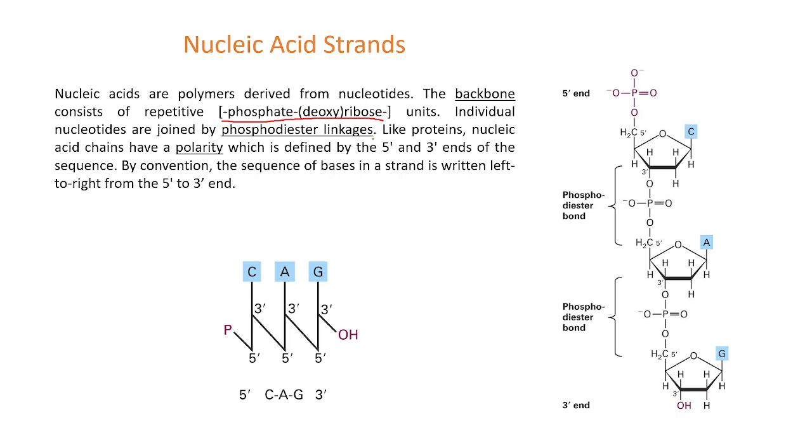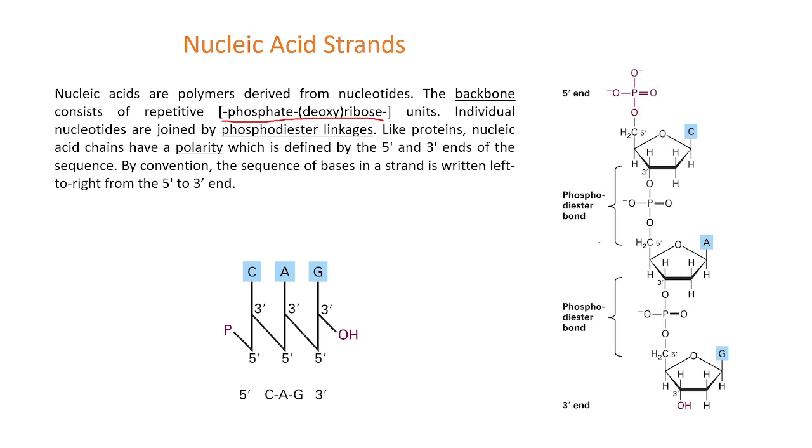So basically, DNA strands are conventionally written from left to right, from the 5 prime to the 3 prime end. Why do we call it the 5 prime end?